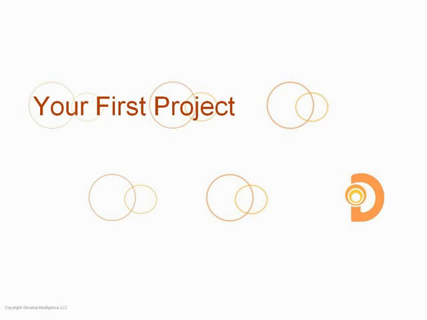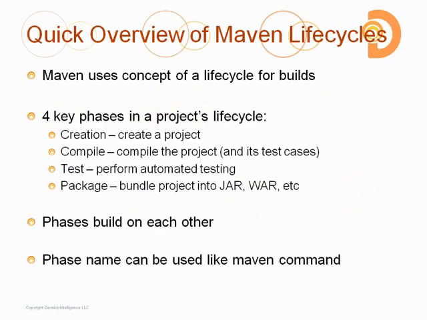Since we have things configured and the environment set up, we can go ahead and have Maven create and manage a project for us. And that's kind of back to where we started, those two things, project creation and then project management. So the way that I'm going to talk about Maven, and the way that Maven's documentation talks about Maven, is really in the context of a project's lifecycle. It calls out 4 primary lifecycle phases.